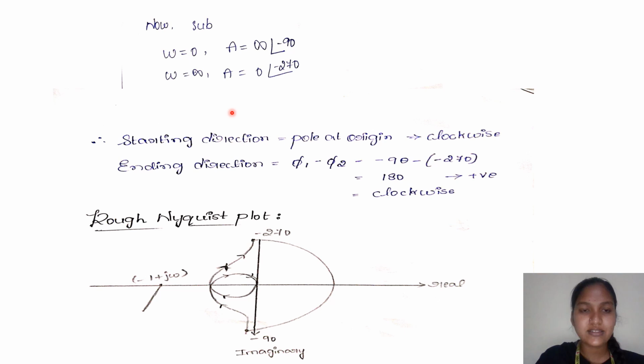The next one is at omega is equal to infinity. So this is the infinity and this is the 0. So A is equal to 0 at the angle of minus 270. It starts from the origin and goes to minus 270 degrees. This is the rough Nyquist plot.